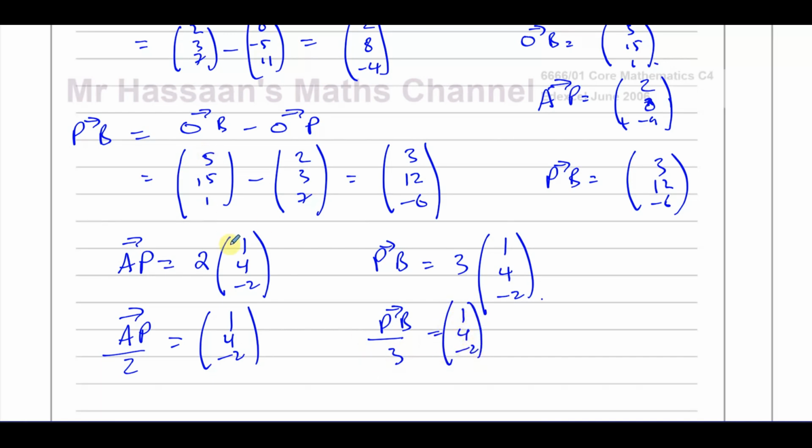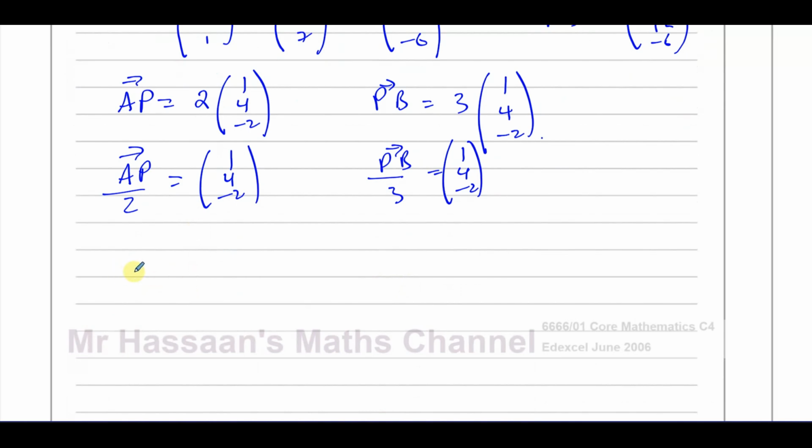All right, so if that's the case, then A to P over 2 is the same as P to B over 3.